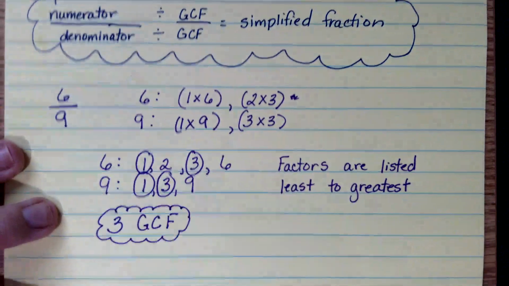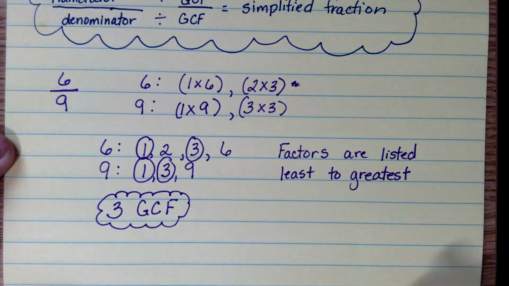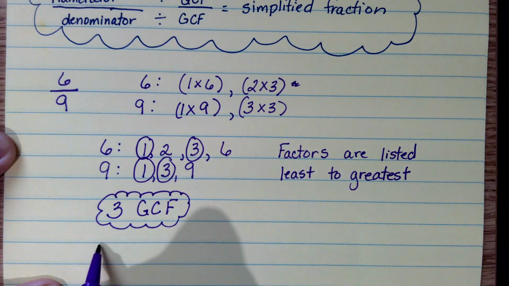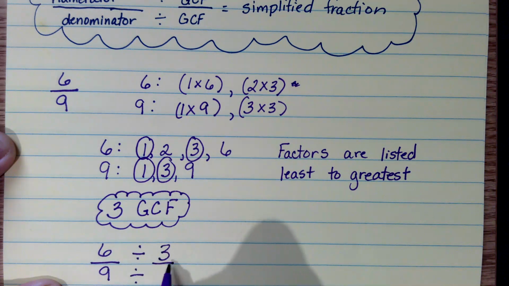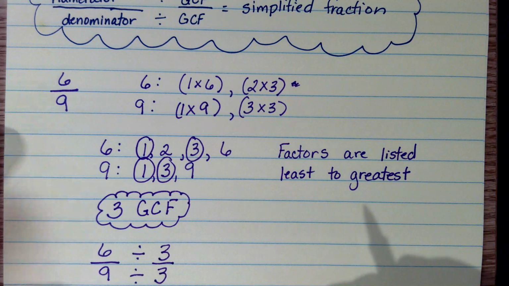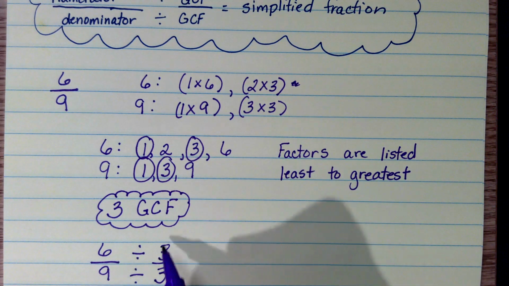The way that I'm going to simplify my fraction is to divide the numerator and the denominator by the greatest common factor. So I'm going to take 6 and 9, and I'm going to divide both of them by 3/3. Remember that we can divide by 1 and we get an equivalent fraction, or we can multiply by 1 and get an equivalent fraction.